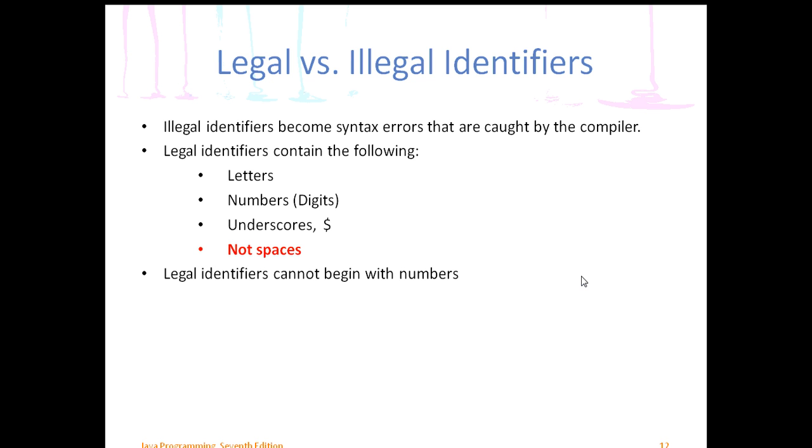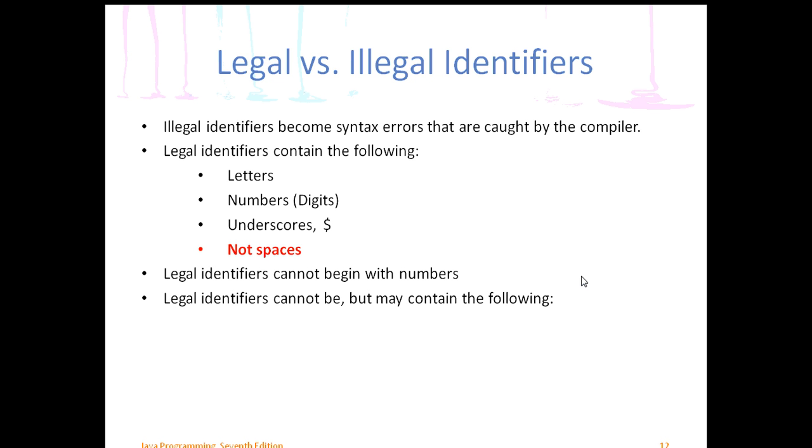Legal identifiers also cannot begin with numbers. Now you can have numbers in there, it's just you can't start the identifier with a number. So you can say game3, but you can't say 3rdgame. You can't use that as an identifier because it starts with a number.